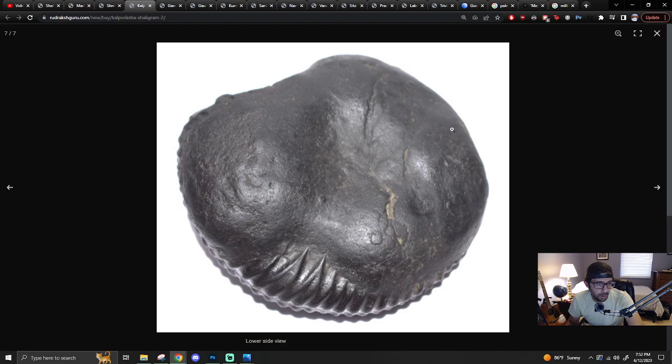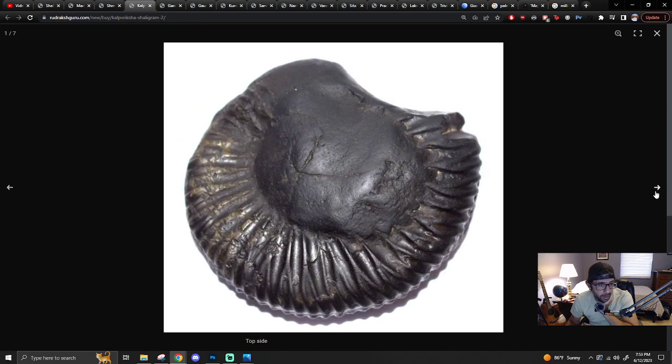I guess that could be the top, or the bottom, I mean. Just flowing to the sides. Connected through here. This is probably the top. Okay.